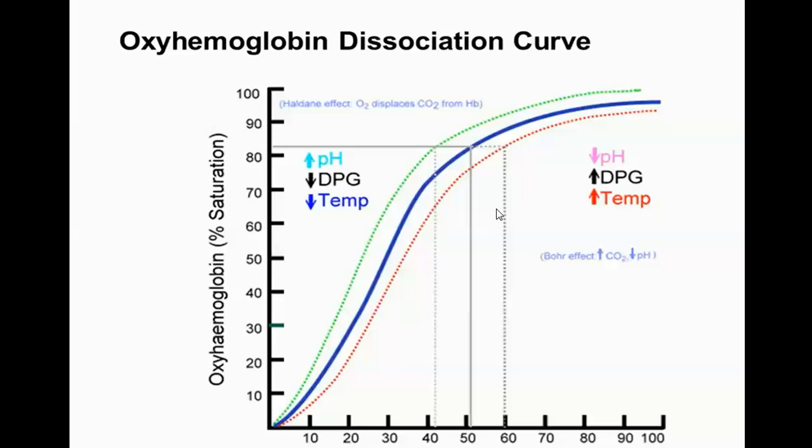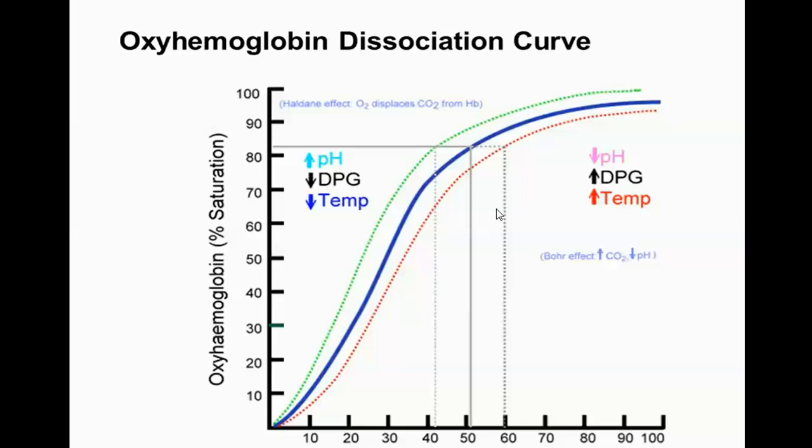Because this is a physiological process that occurs at the lung and the tissue, in the periphery. At the lung, do you expect the curve to shift to the left or shift to the right? Left, excellent.